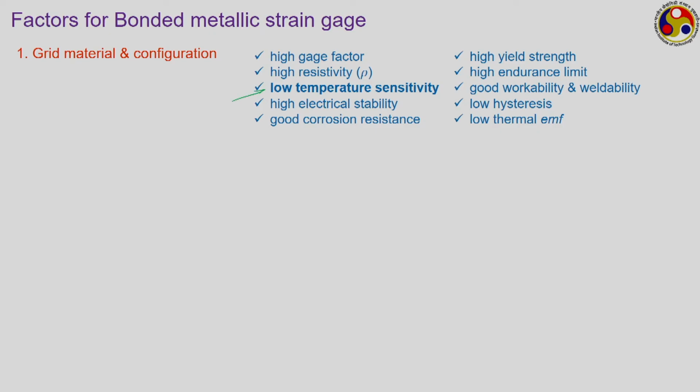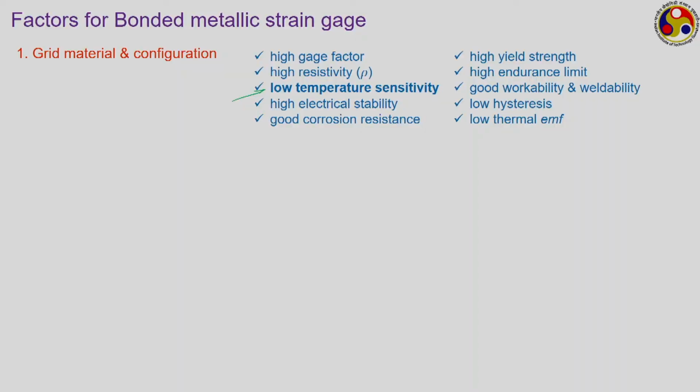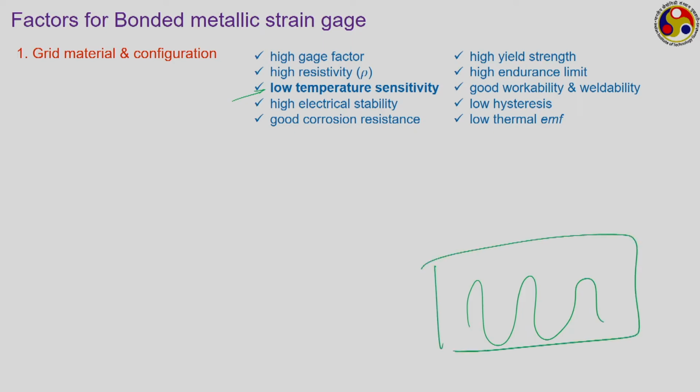We know that the resistance of a resistor changes with temperature, and if the resistance changes, then of course the calibration has to be done freshly, and the output also will be erroneous if we do not do the corresponding correction or compensation. There are two ways the change in temperature can affect the performance. One, you know that the strain gauge materials are connected on some kind of backing.